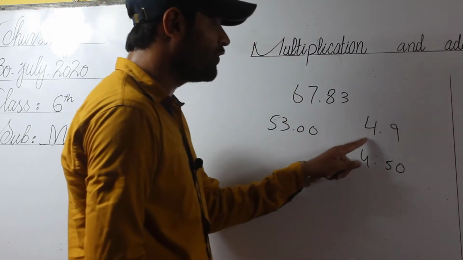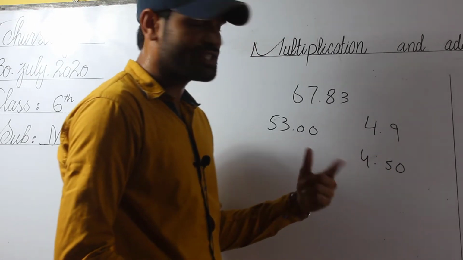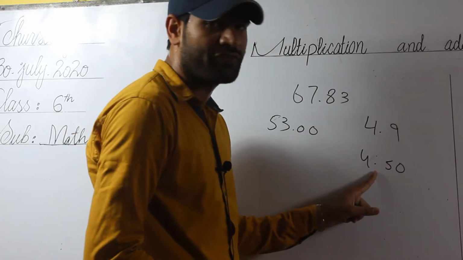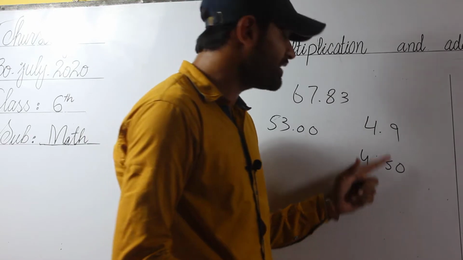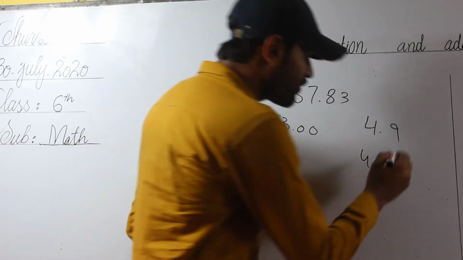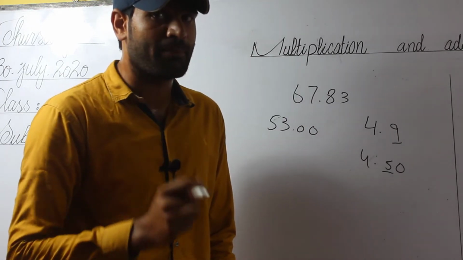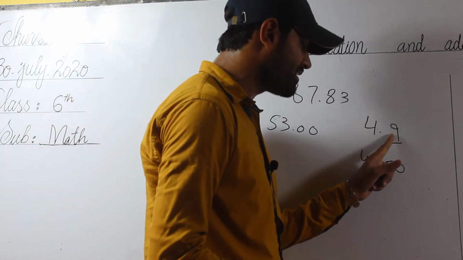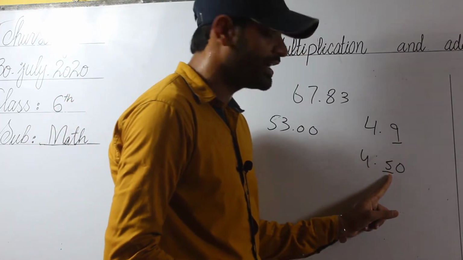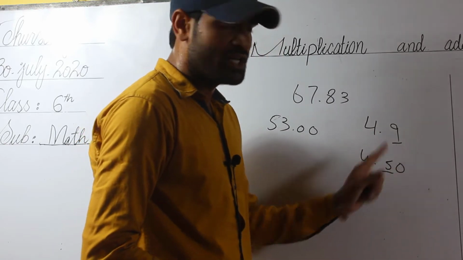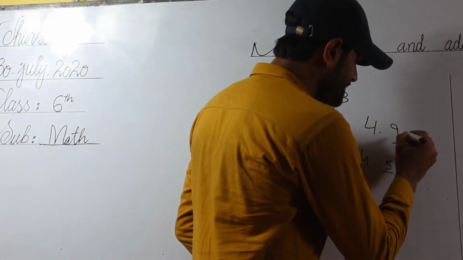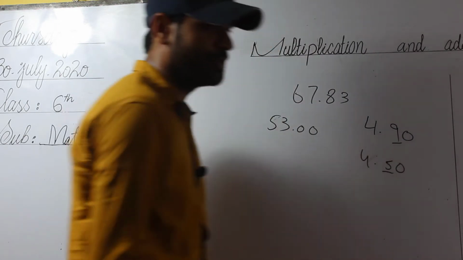If you think 50 is greater than 9, that is wrong. The number with the greater digit after the point is greater. After the point is 9 and after the point is 5, so the greater amount is 4.9. So I write it as 4.90.